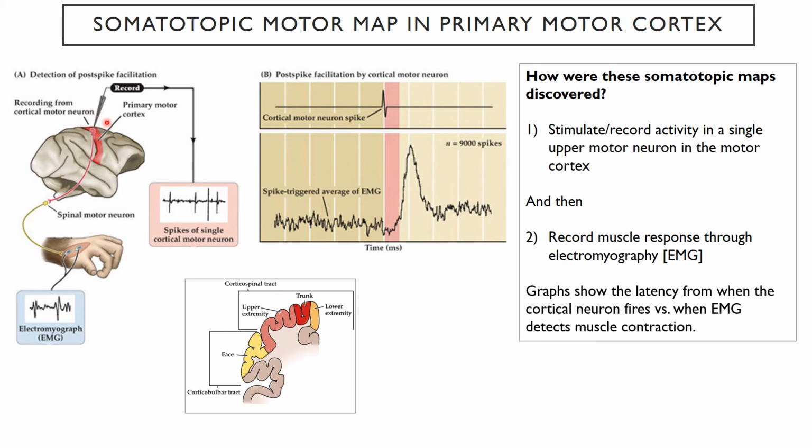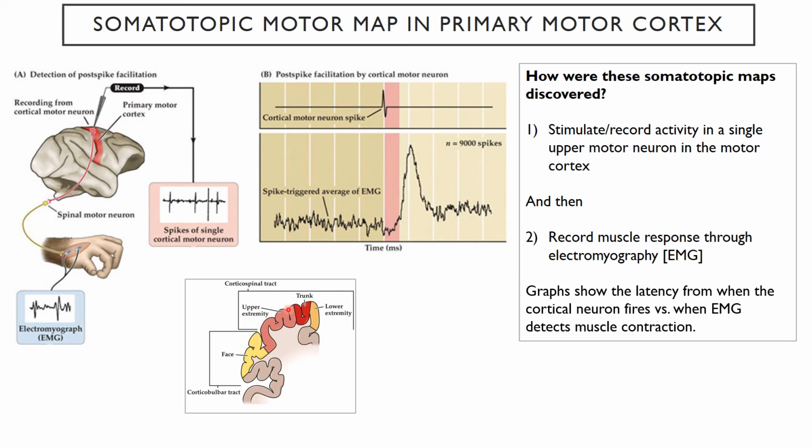So you can stimulate and record at the same time the activity of neurons within the motor cortex, causing a spike up here in the motor cortex. There's going to be some delay for that signal to get down, not a terribly long delay, a few milliseconds. And then you can see the activity of whatever motor units are being controlled by that particular neuron.